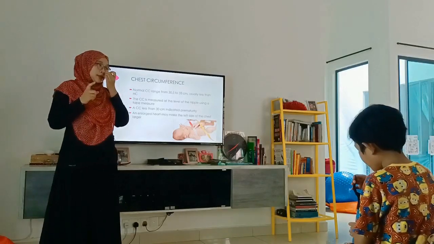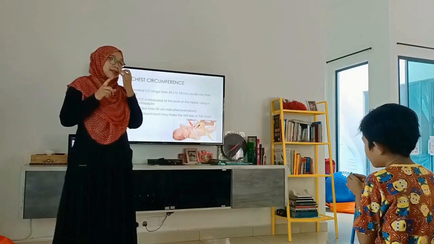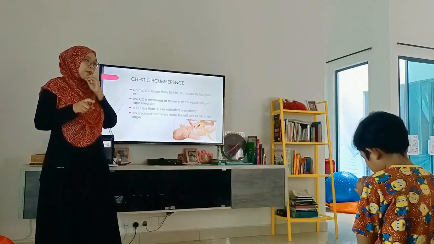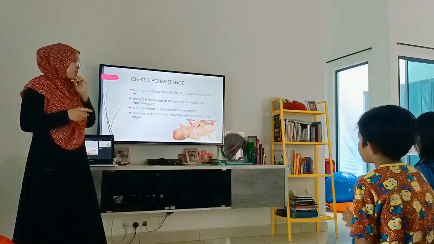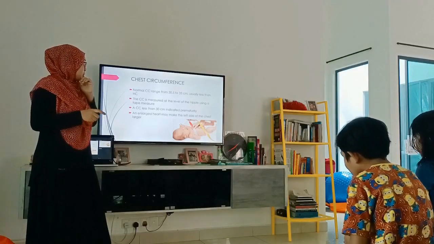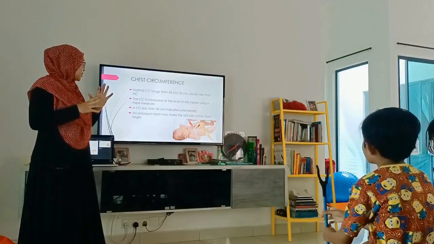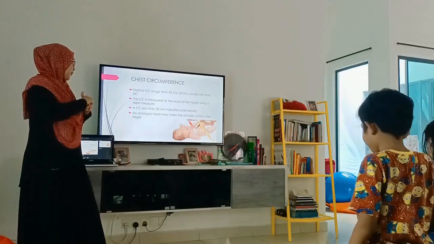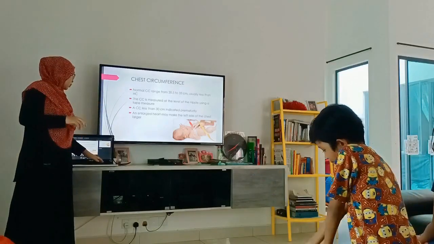If you notice that the chest circumference is less than 30 centimeter, it may indicate prematurity. So if you see the left side of the chest is larger, it may indicate that the baby has an enlarged heart.